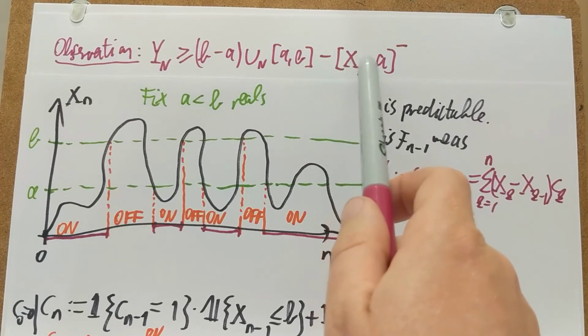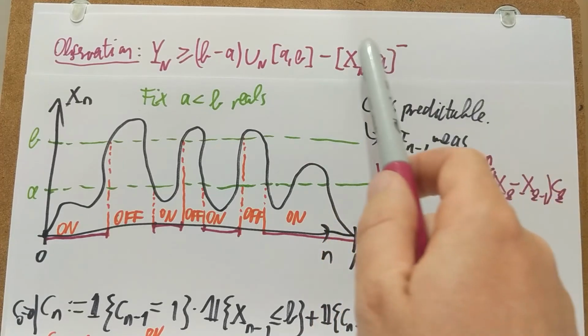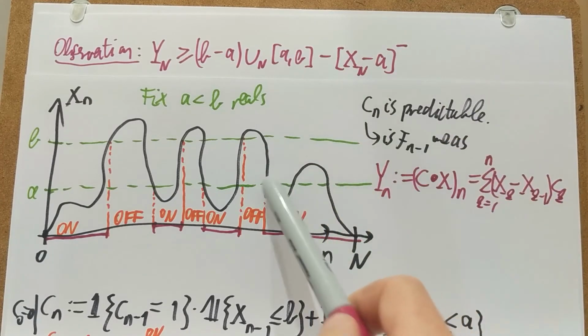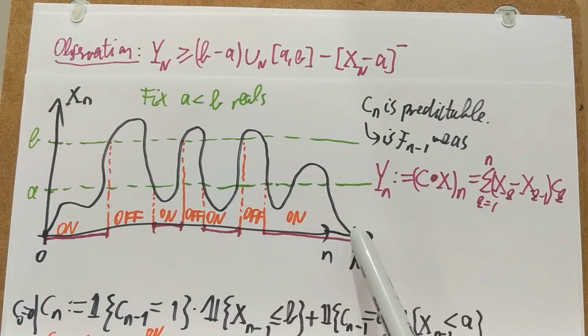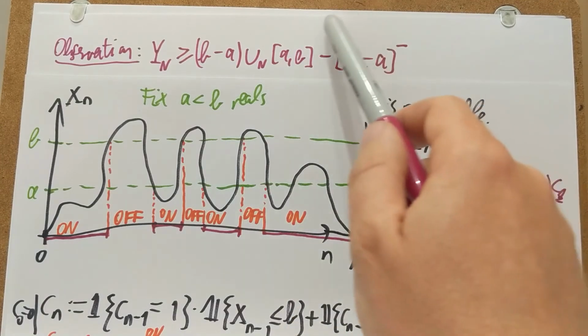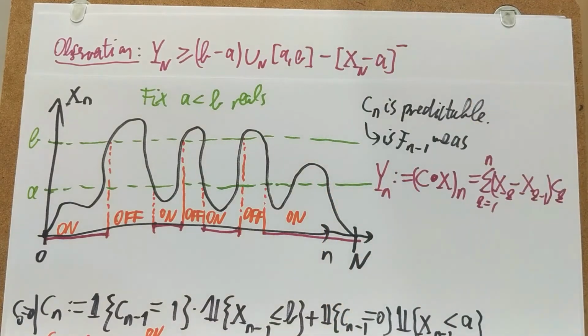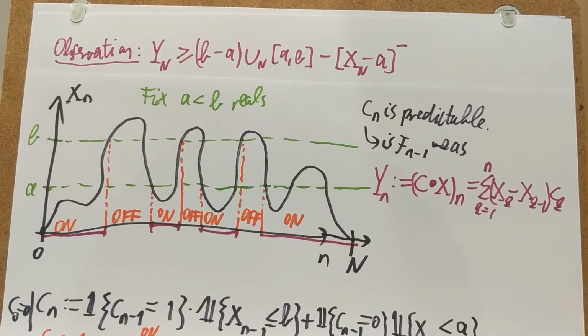If X_n is below A, so this thing is negative, then that increment from A to the terminal value is subtracted from the right hand side, and that makes the argument true. So then the observation will hold.